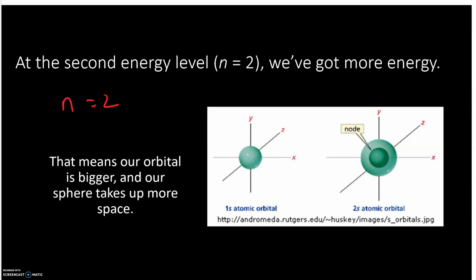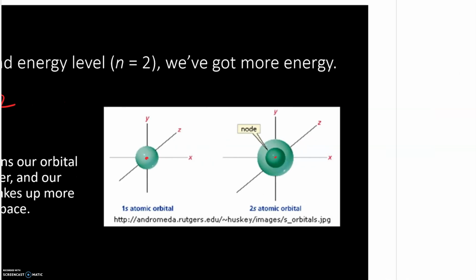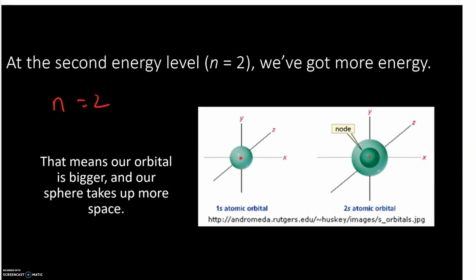The nucleus is in the middle because all these electrons are orbiting the nucleus. But at the second energy level we have an S-shaped orbital that's even bigger, so we're going to call that the 2s, and it can hold 2 electrons.